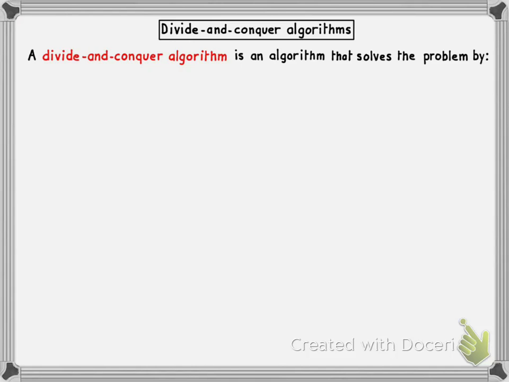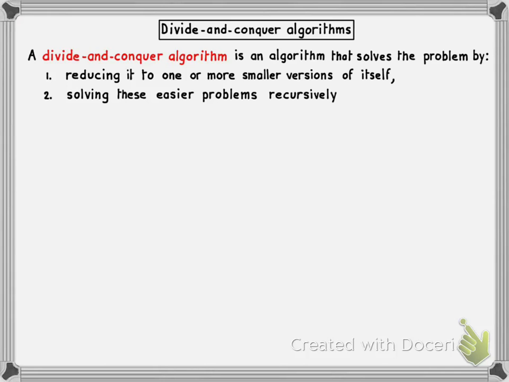It's an algorithm that solves the problem that it's supposed to solve using the following three steps. First, the given problem is transformed or reduced to one or more smaller versions of the same problem. The second step is, once you have determined these smaller versions of the problem, you go ahead and solve them recursively.